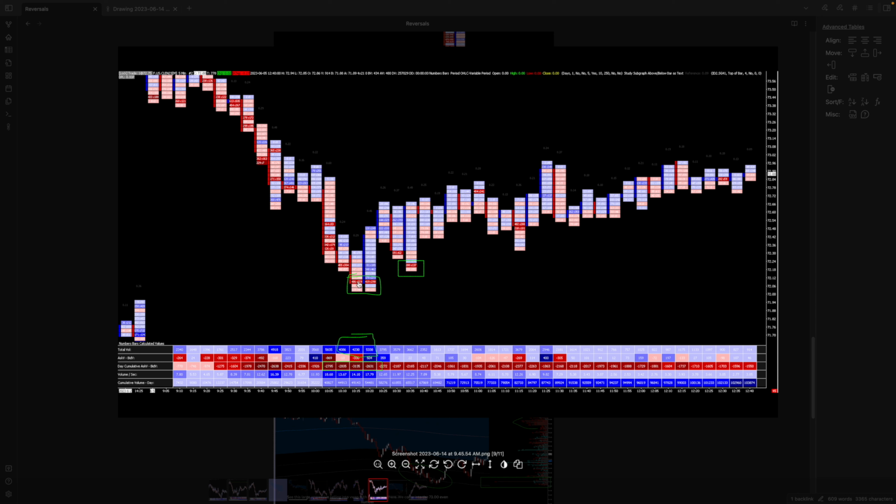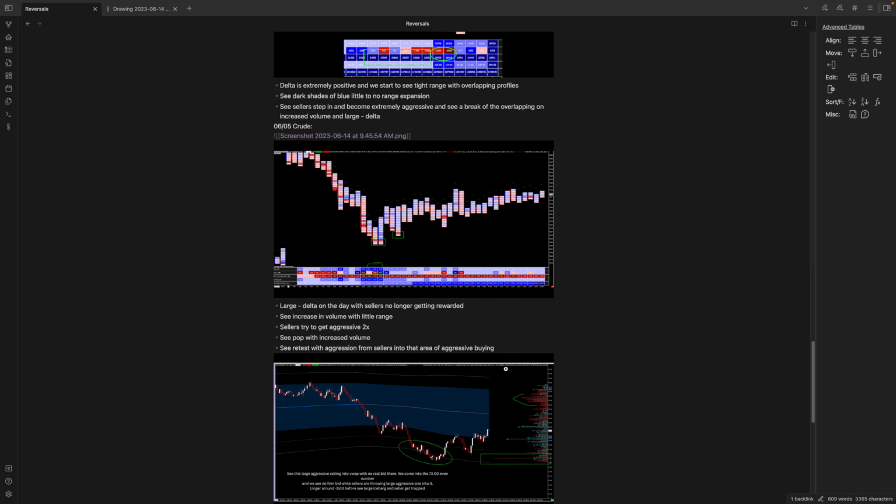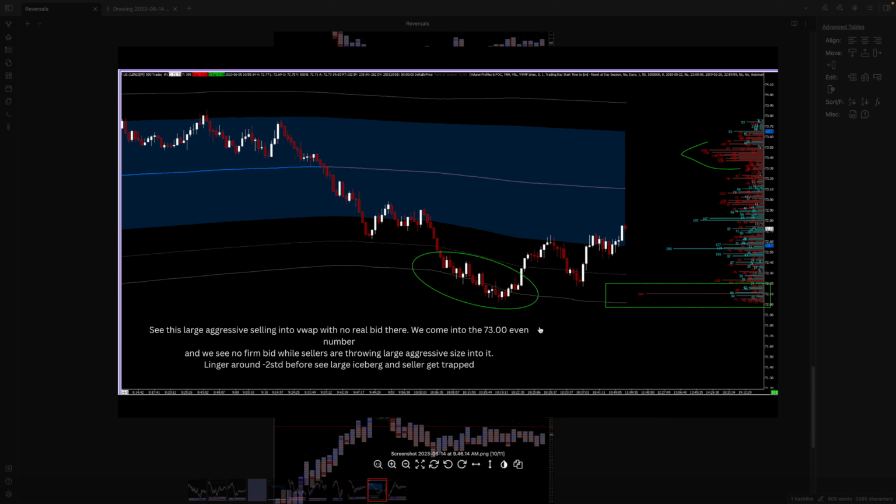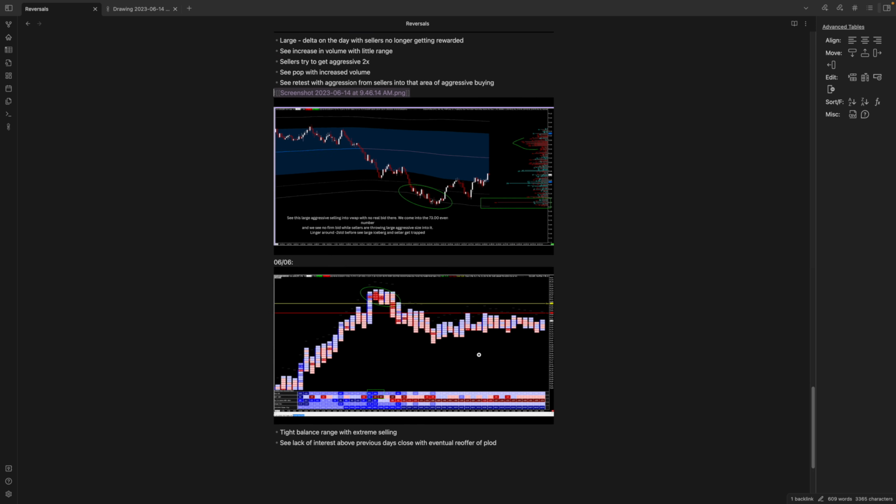And then we see how they're failing to take prices lower. We then see a pop on increase in volume, pull back into the area where sellers got aggressive and where buyers took the initiative, and then we just slowly moved up higher. This is also a little iceberg play with delta by price at -2 standard deviation.